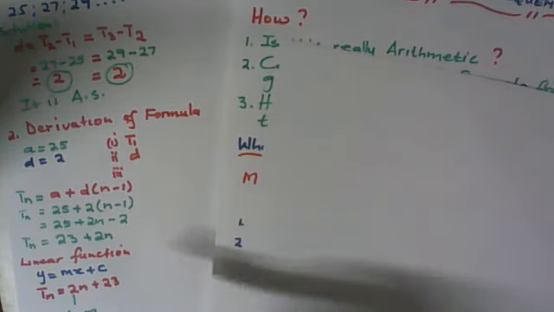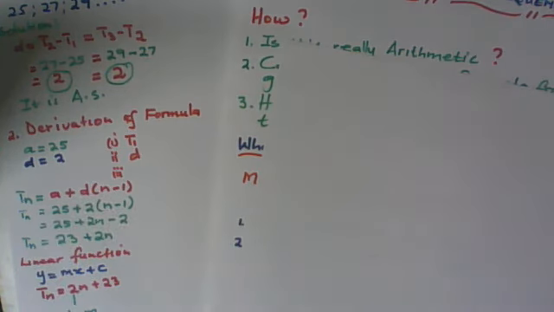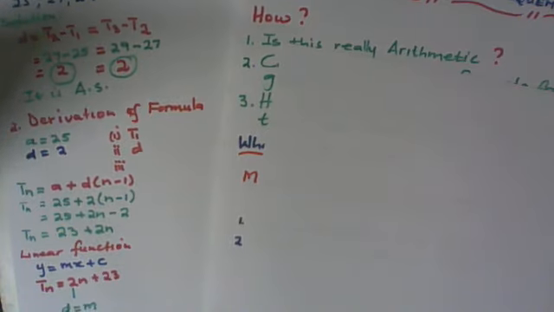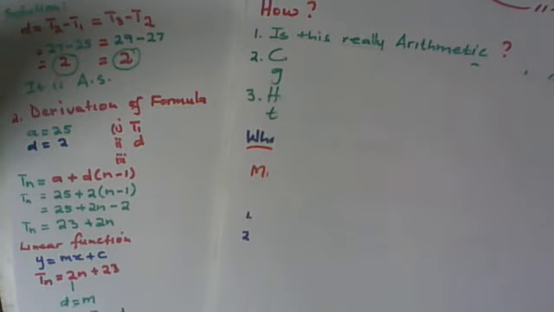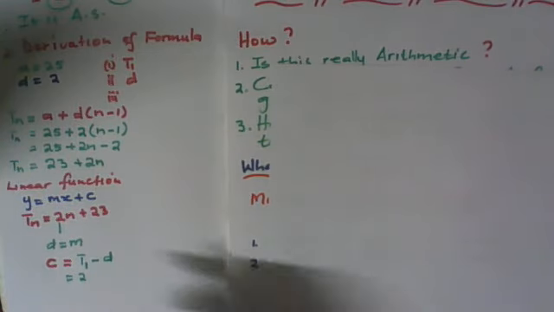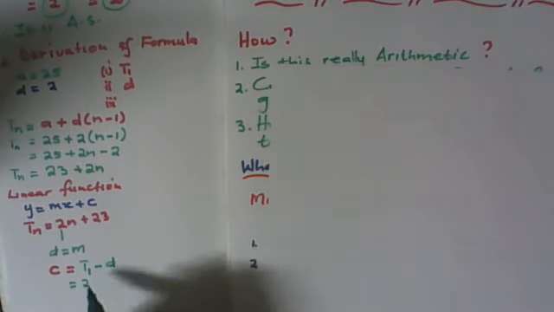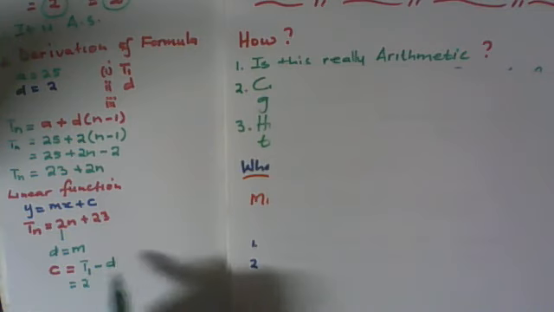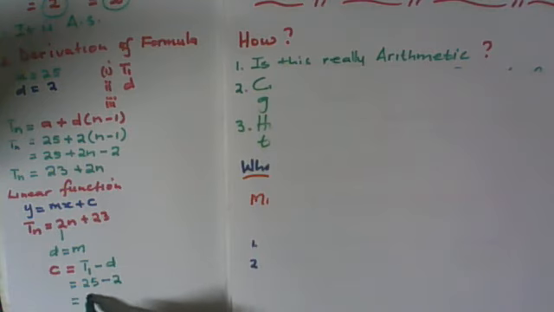In order to get this, C is equal to term number 1 minus the constant difference. Term number 1 is 25. Now subtract the constant difference, which will give you 23.